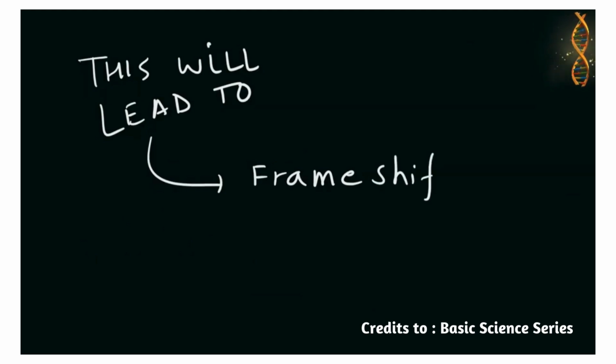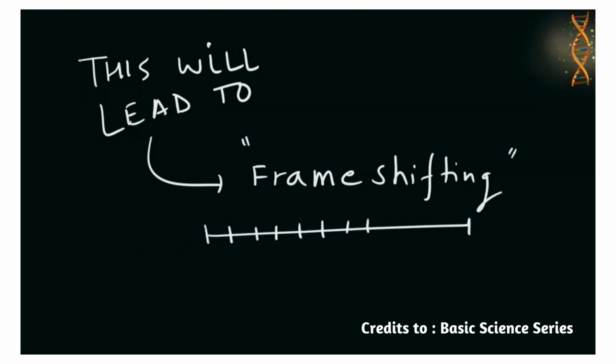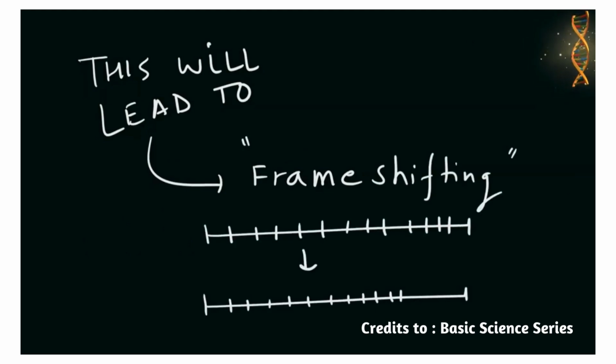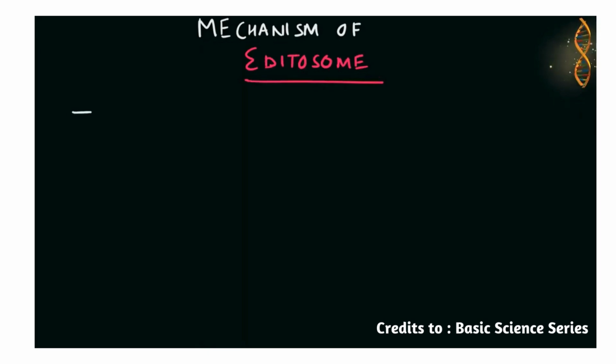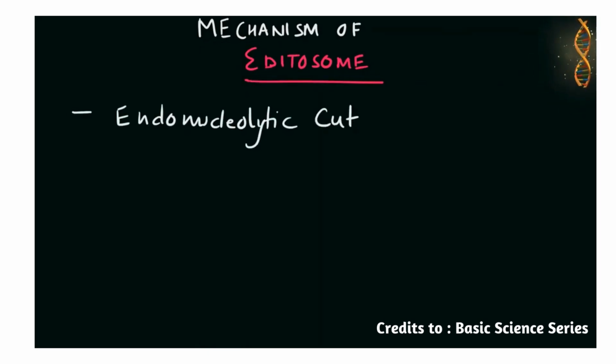The inserted nucleotide sequence causes a translational frame shift. The mechanism of the editosome involves an endonucleolytic cut at the mismatched point between the guide RNA and the unedited transcript.